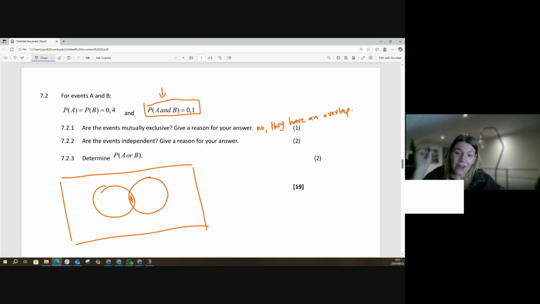7.2.2. You are now able to work that out. We have spoken about how to do that. I would like to know if these are independent.